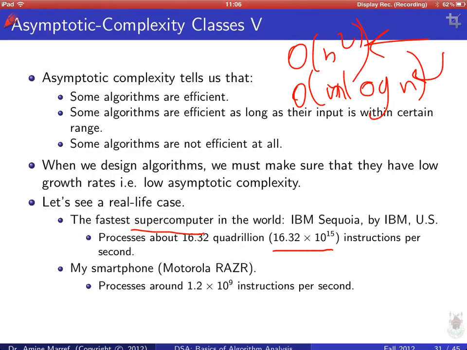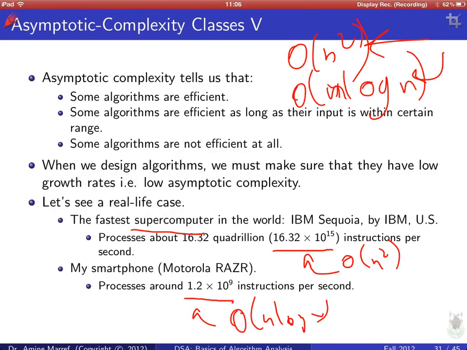As you can see, when the input starts increasing, the efficiency of the supercomputer starts dropping considerably, and the smartphone is coping fine, a little bit, because n log n is not a very efficient algorithm. And it's not fast anyway.